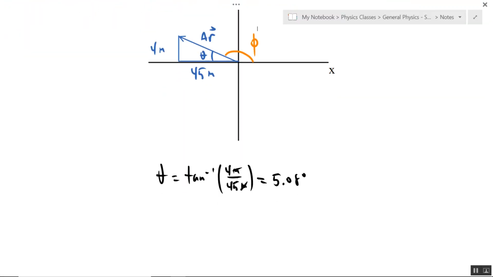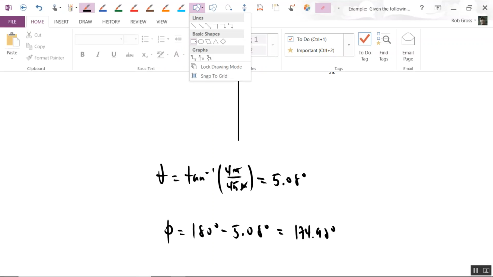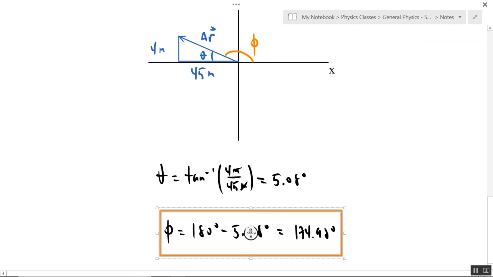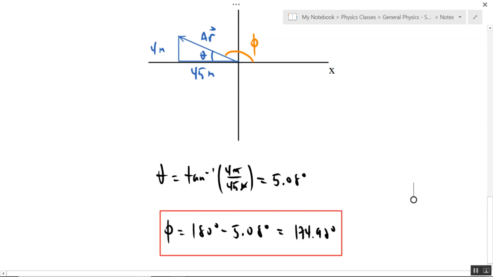Yeah, it's 180 degrees to get to the negative x-axis, so you have to subtract 5.08, so it's 174.92. So the displacement vector would be 45.17 meters at an angle of 174.92 degrees from the positive x-axis, right?